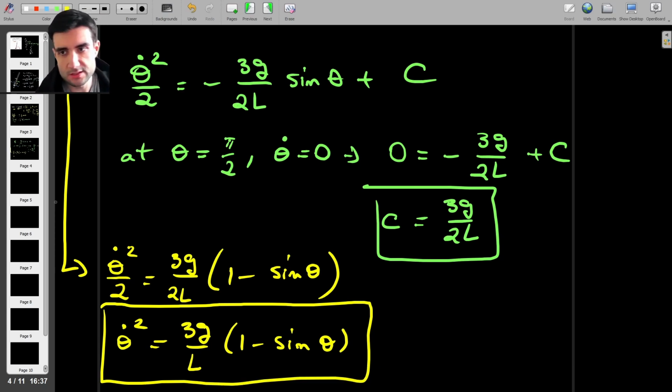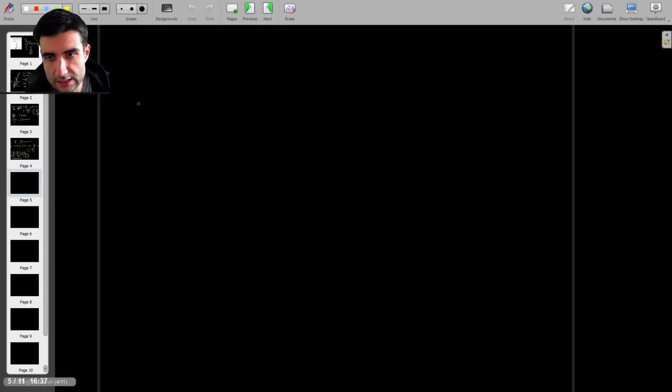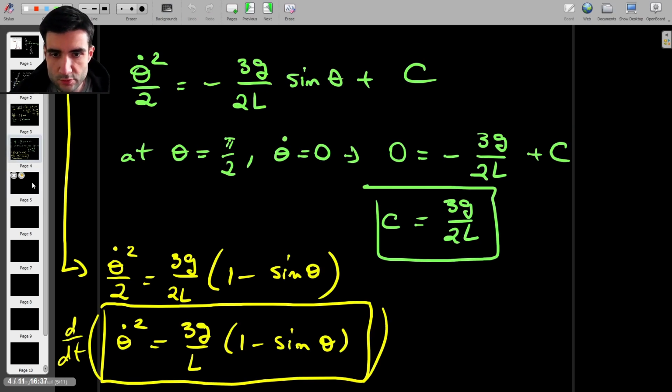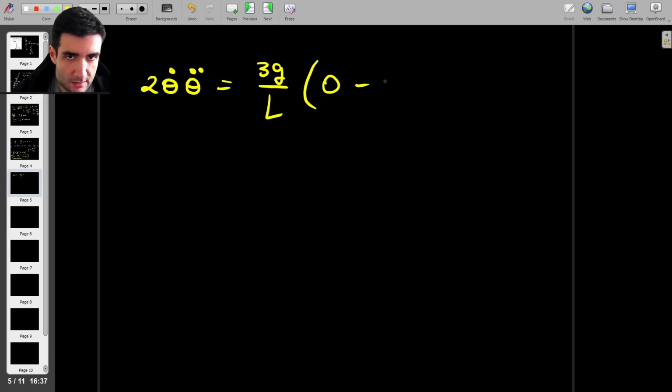So what I'll then do is use this to find what the angular acceleration is. If I differentiate both sides, so essentially d by dt of both sides like this, what I'll get is on the left 2 theta dot and then theta double dot using the chain rule, and on the right hand side we have 3g over L, and in the brackets we have 0, and then minus, we differentiate the sine, so we get cosine of theta times theta dot.